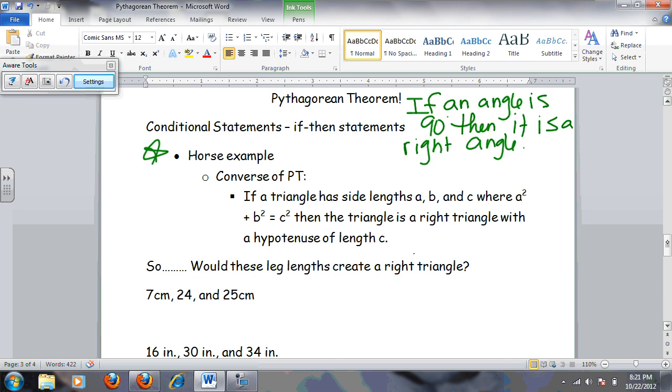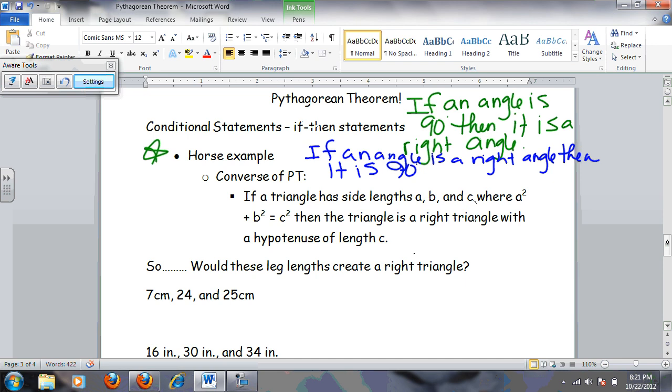Can I say that if an angle is a right angle, then it is 90 degrees? Is that true? Absolutely. It's true. If an angle is a right angle, it will be 90 degrees.